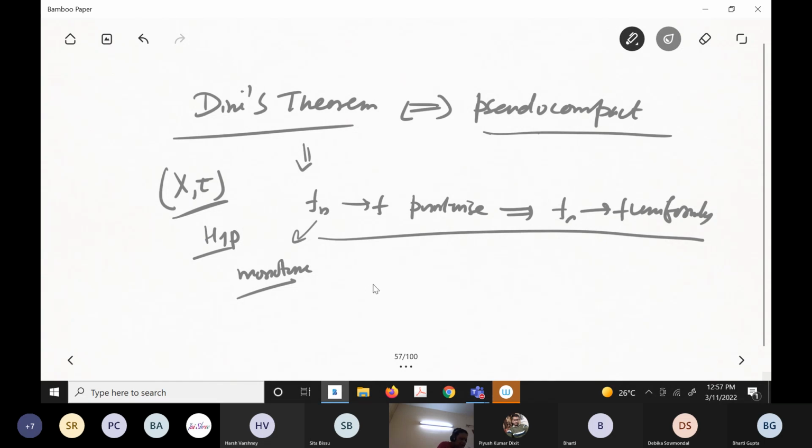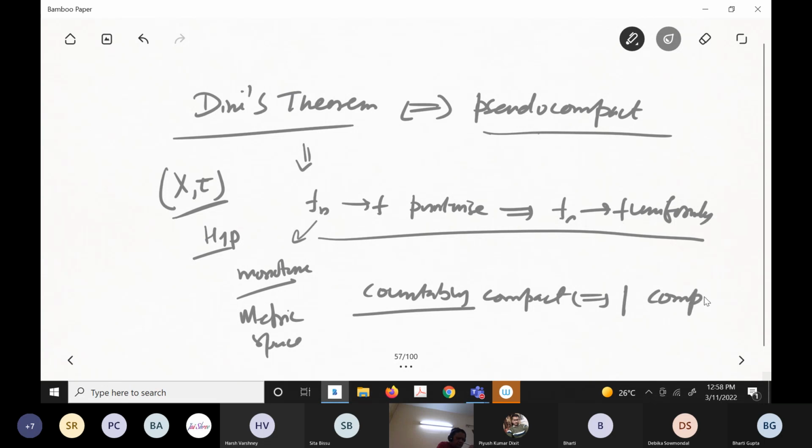In metric spaces, we have seen that countably compact, if and only if compact. But a metric space is a T4 space.